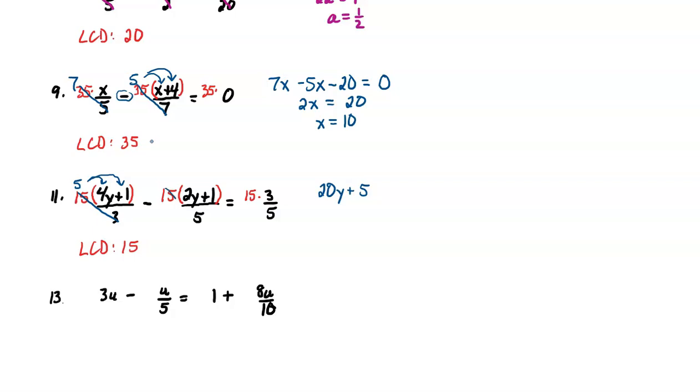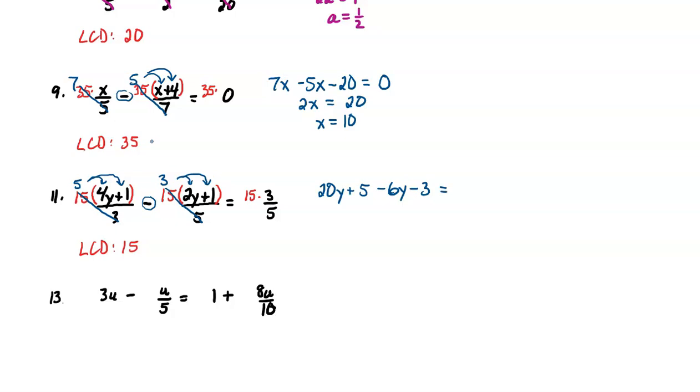Now the next one. 15 over 5 reduces to a 3. In front of the 3 is the negative, so think of it as negative 3 when you distribute. Negative 3 times 2y is negative 6y. Negative 3 times 1 is negative 3.